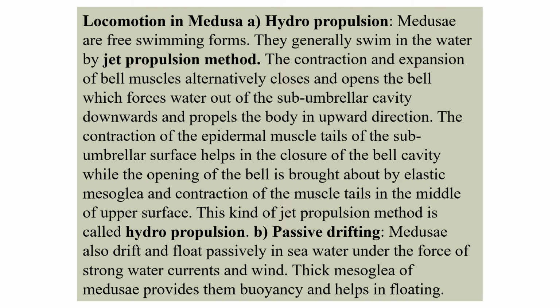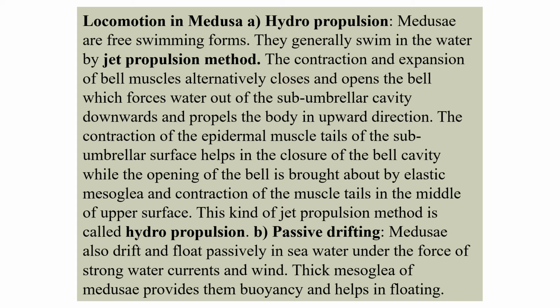Locomotion in medusa, hydropropulsion. Medusae are free swimming forms. They generally swim in the water by the jet propulsion method. The contraction and expansion of bell muscles alternately closes and opens the bell, which forces water out of the subumbellar cavity downwards and propels the body in an upward direction.